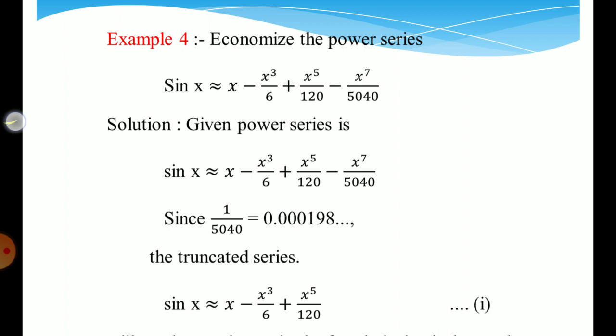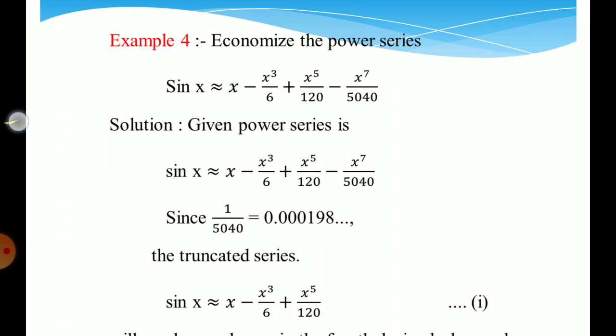Therefore the new truncated series is sin x. Compare with this: sin x is equal to x, this term as it is, minus x cube upon 6 as it is, plus x raised to 5 upon 120. Now the next term is eliminated because we shall consider this as a truncation error.